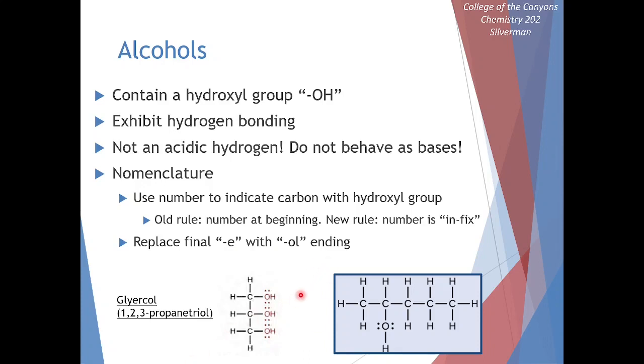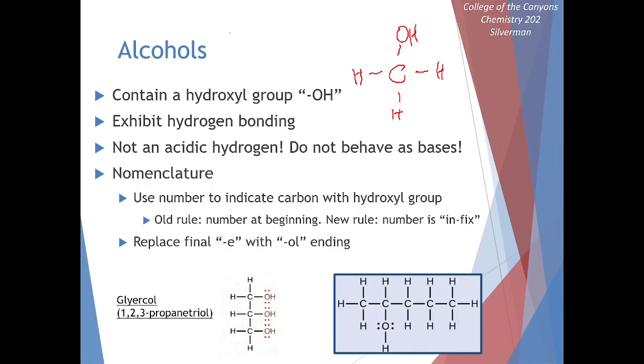If we have multiple alcohols in the same molecule, we can indicate that as well. But we're going to try to keep it at least a little bit simple for our examples. If we want to draw some of these simple examples, we can have maybe one carbon with this hydroxyl group.